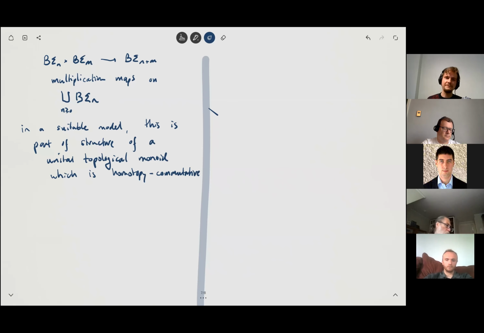Okay, maybe it would have been better to say E1 space, since that's a homotopy invariant notion, but maybe you're not familiar with that. Okay.